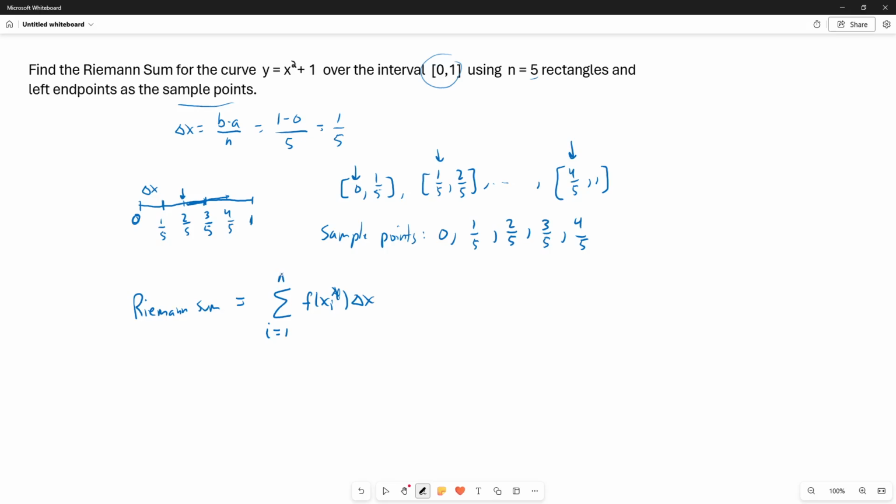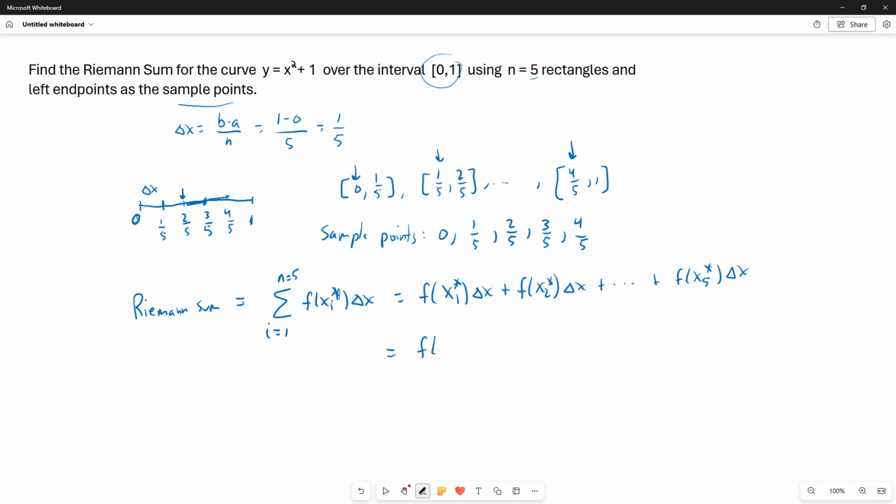And in our case, n is 5. So this is f of x1 star times delta x plus f of x2 star times delta x, etc. up to f of x5 star times delta x, where x1 star is the first sample point, which is 0.